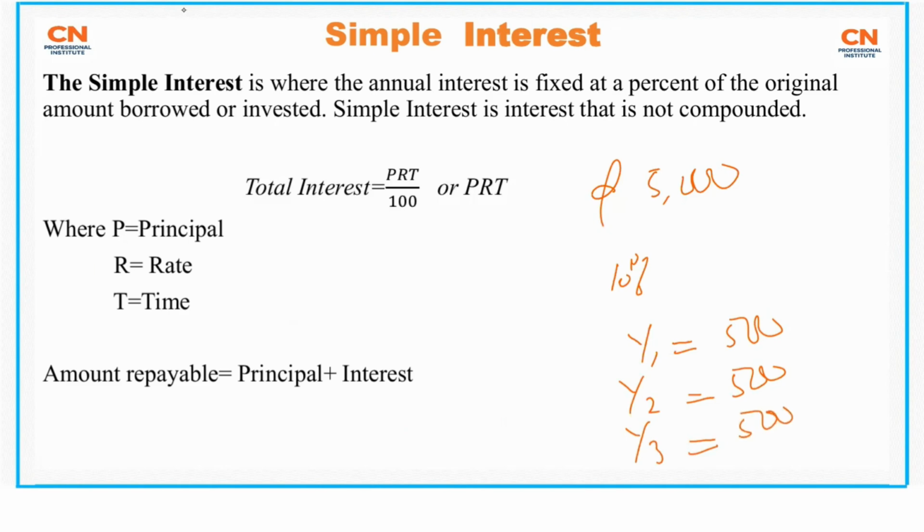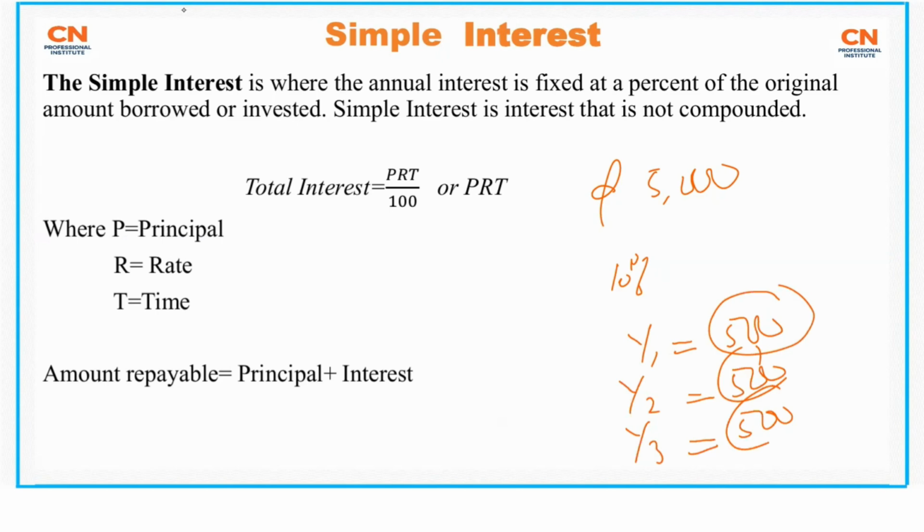So you see, that's what we are seeing now with simple interest. Okay, the interest to be paid or received is based on a fixed percentage of the principal. So it's based on a fixed amount or a fixed percentage of the amount borrowed or invested. So simple interest is fixed, it doesn't change, okay, irrespective of the number of years, it remains the same.